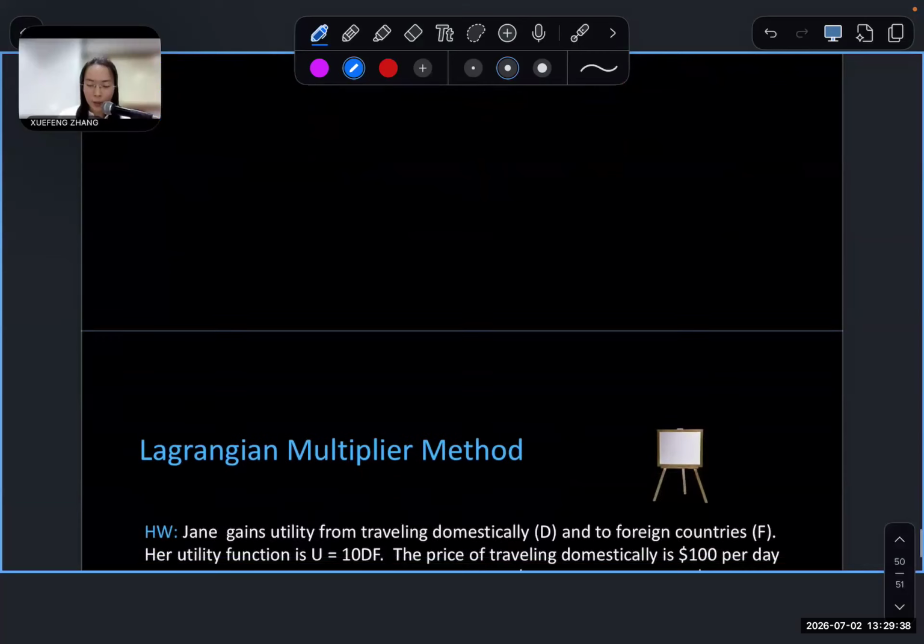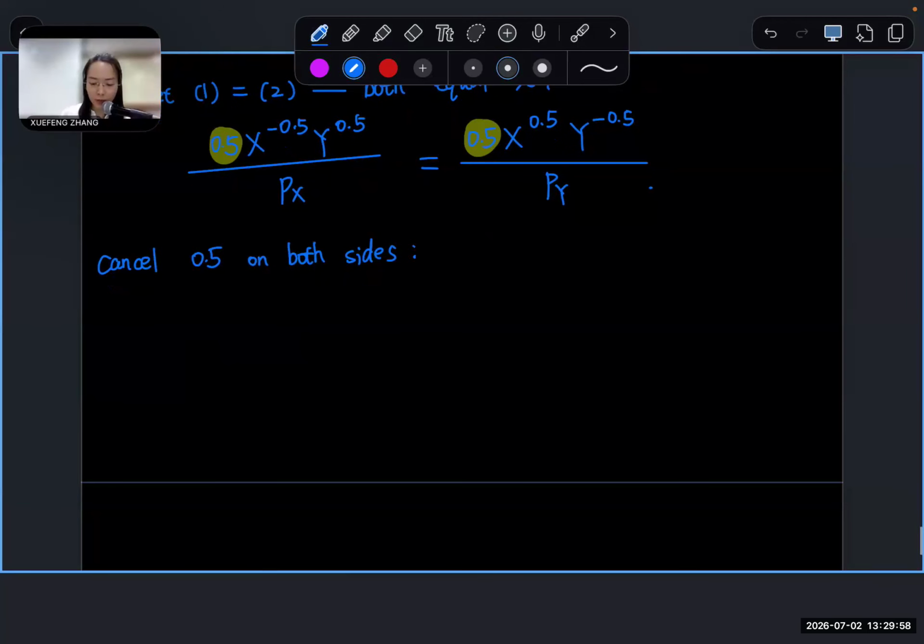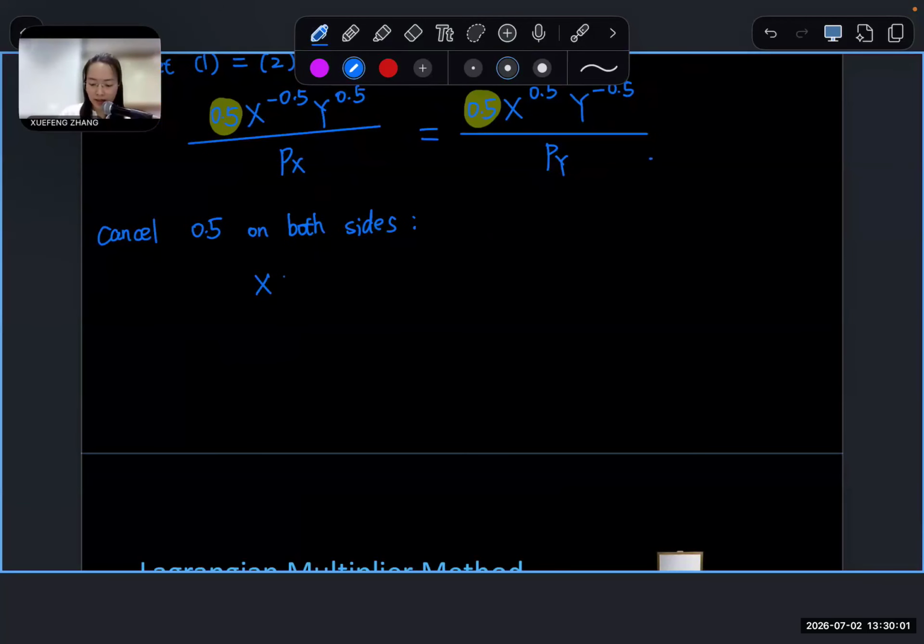And then we cancel half on both sides, okay? Because we have half here and half here, so we can cancel them. If we cancel them, we have x power negative half, y power half over px equal x power half, but y power negative half over py.